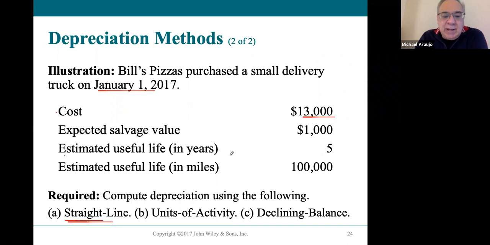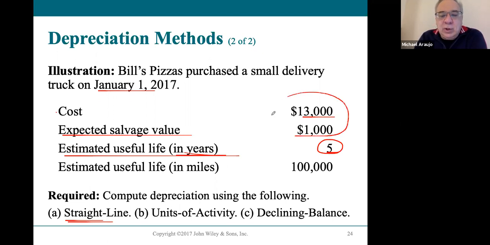Okay. They plan to use it for 5 years. When we look at straight line depreciation, we are going to be looking at the number of years. And after they're done using it, they do expect it to still have a salvage value of 1,000.